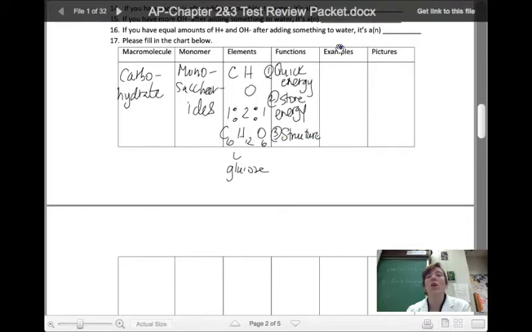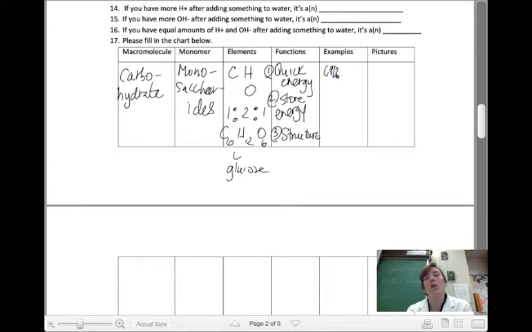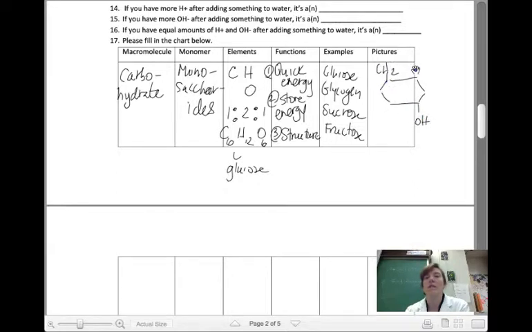So examples of carbs, we already said glucose and glycogen. We have sucrose, fructose. And when we look at a carbohydrate, they look like a ring, like this. And they usually have things hanging off each end like this. So that would be a molecule of glucose.